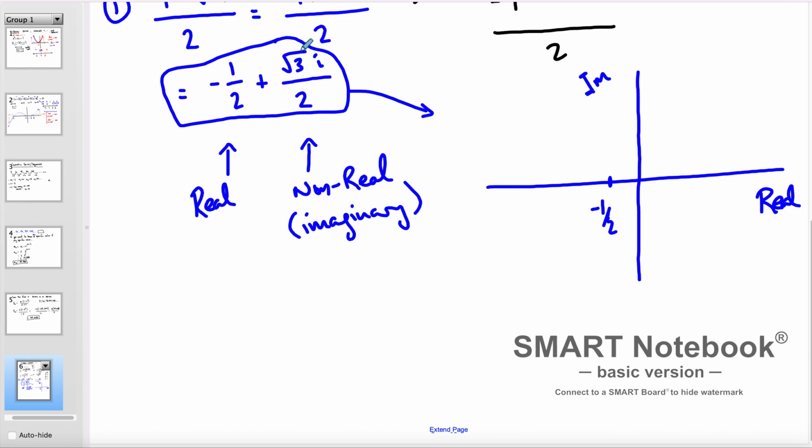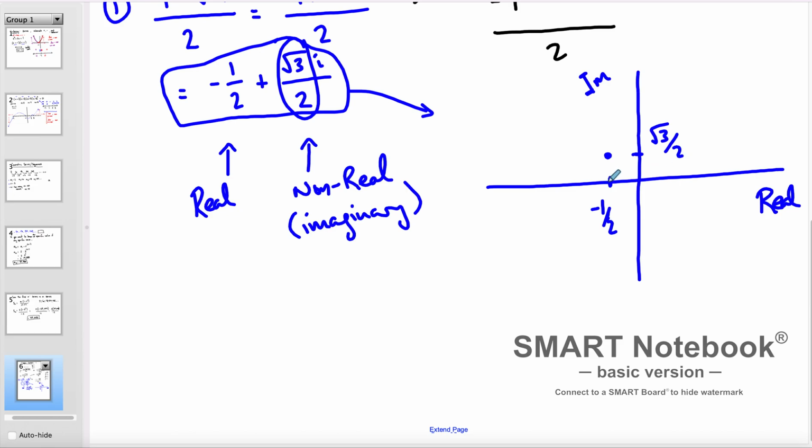Our imaginary part is square root 3 divided by 2. So somewhere up here, square root 3 divided by 2. So that point would be right here. Okay. So much involved right there.